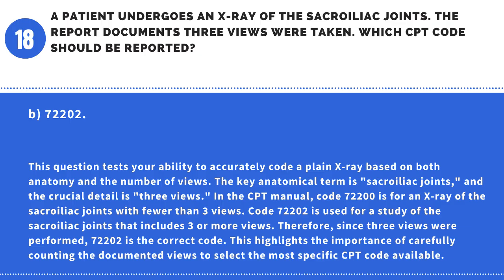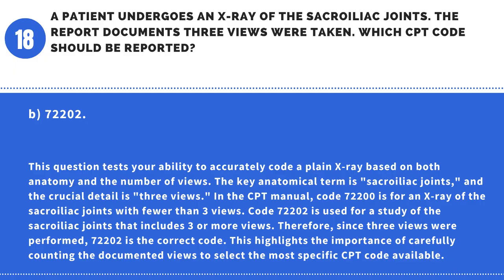Answer: B. 72202. This question tests your ability to accurately code a plain X-ray based on both anatomy and the number of views. The key anatomical term is sacroiliac joints, and the crucial detail is 3 views. In the CPT manual, code 72200 is for an X-ray of the sacroiliac joints with fewer than 3 views.